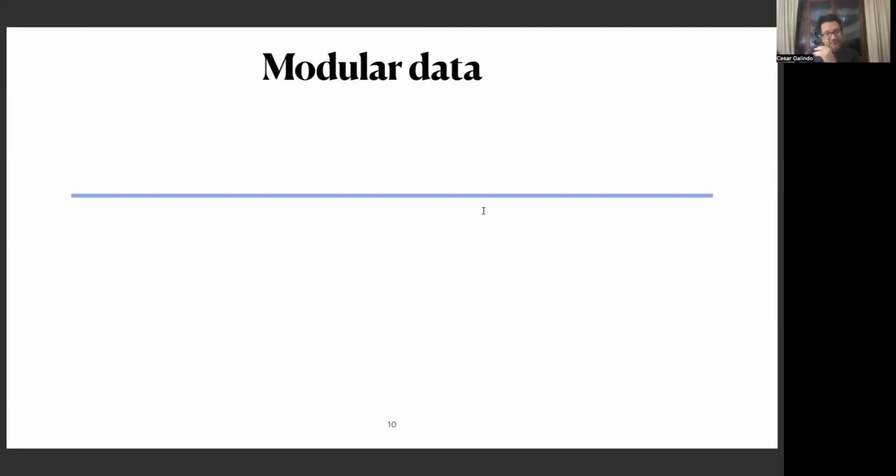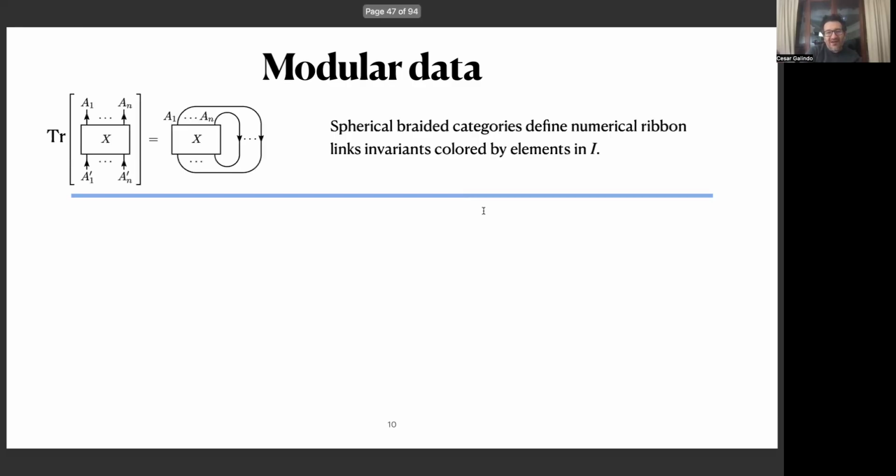Okay, so in the same way that I introduced the fusion rules as a combinatorial gadget associated with fusion categories, here we can also associate some combinatorial data to a spherical braided fusion category.